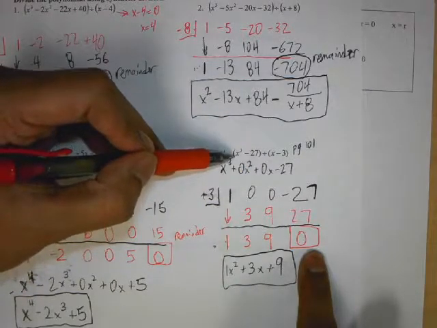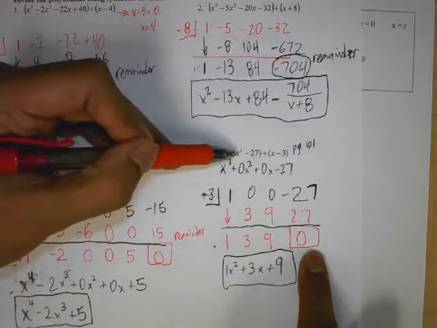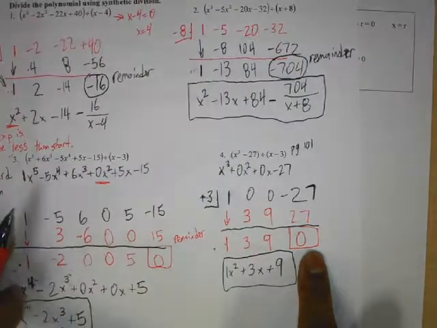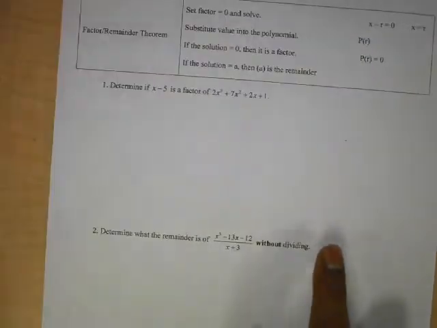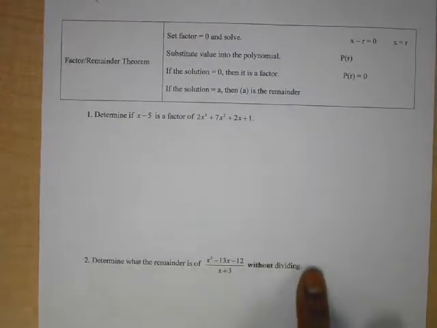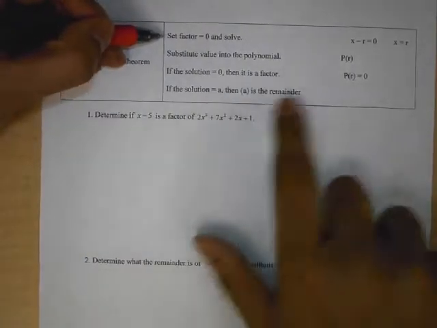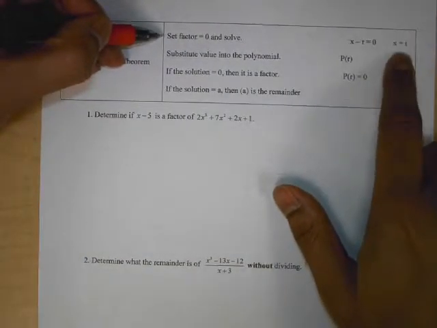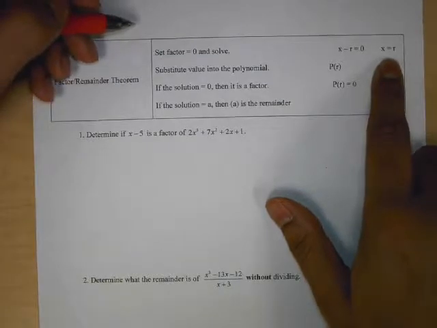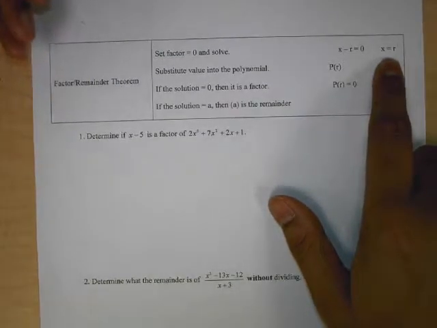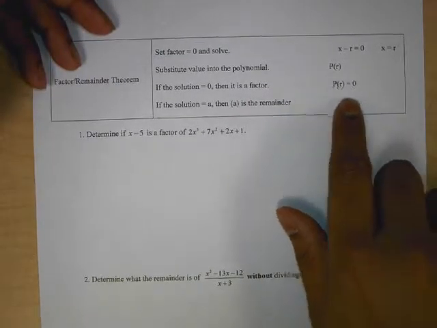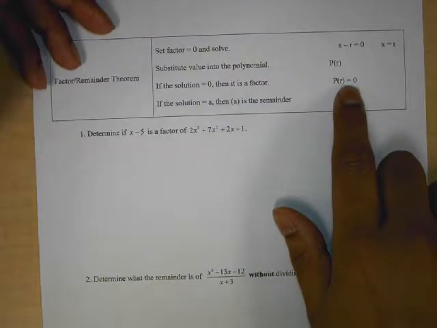And if you took this number 3 and you plugged it in here, you would actually get 0. So if you took this number that you find here, for example on the previous problem it was 3, and you plugged it into your equation, it would give you back 0.